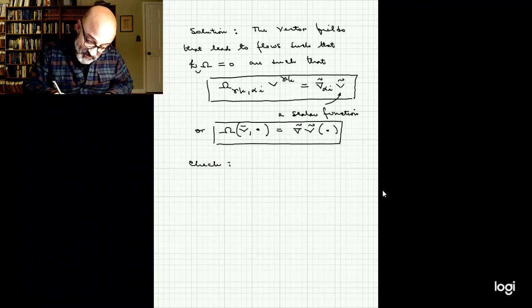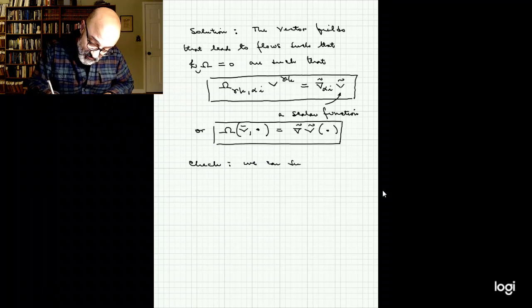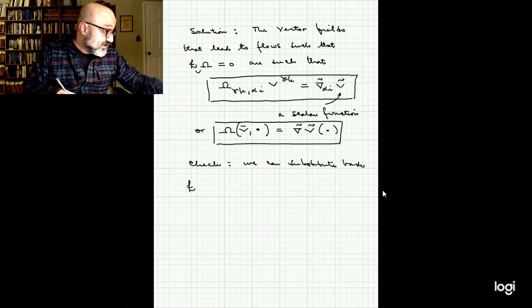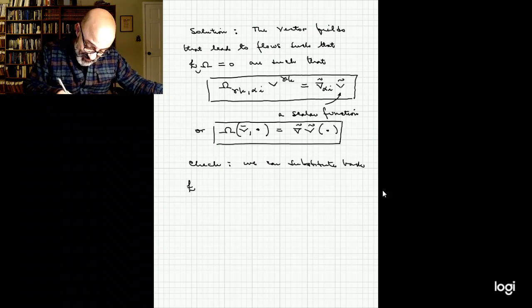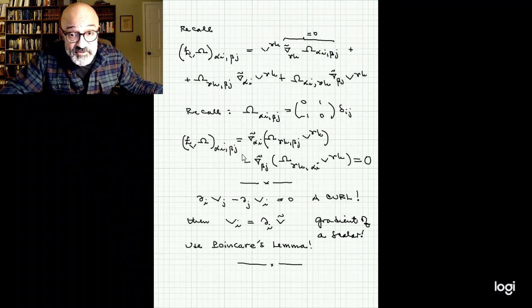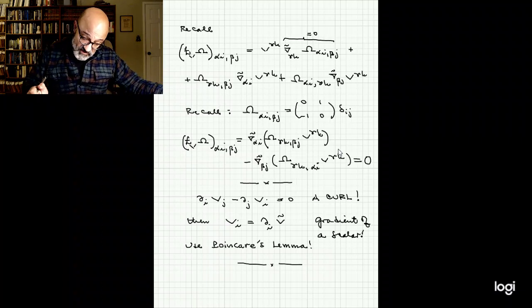We can substitute back to make sure it works. In this equation, we're going to substitute our solution. We have a solution for what this vector looks like, and we're going to substitute back here and check that it vanishes. So we can do that.